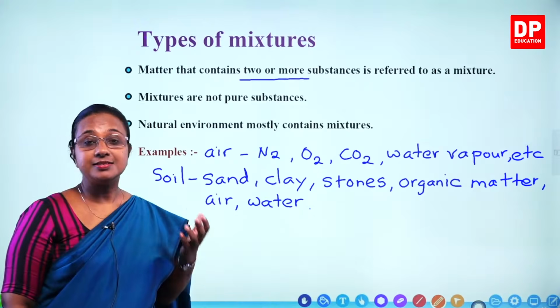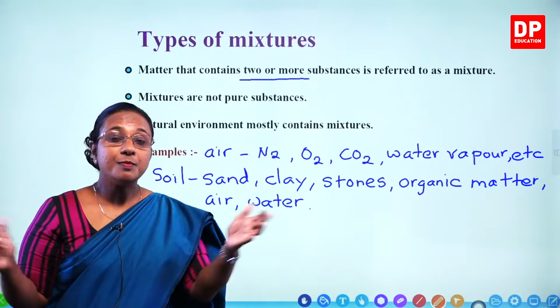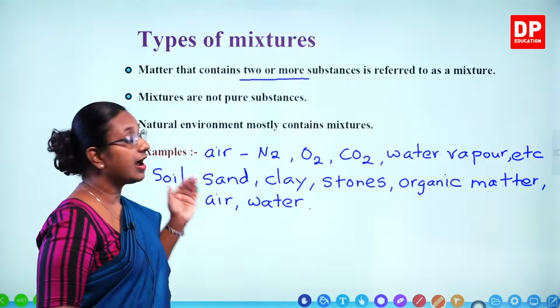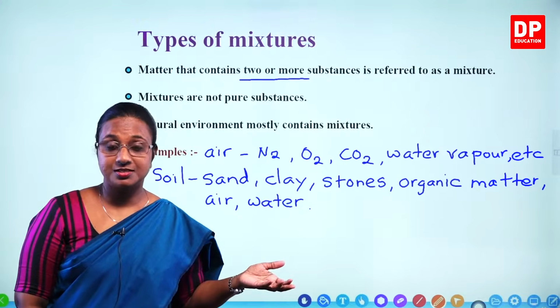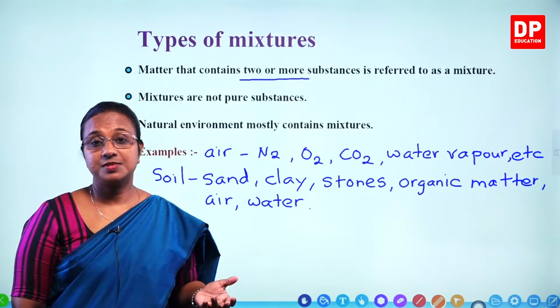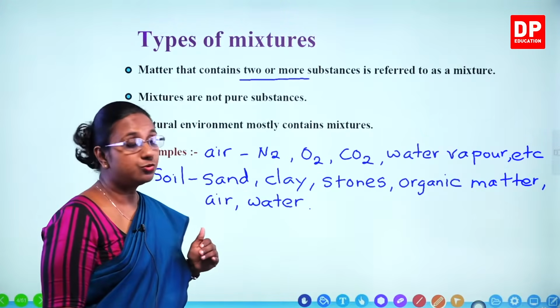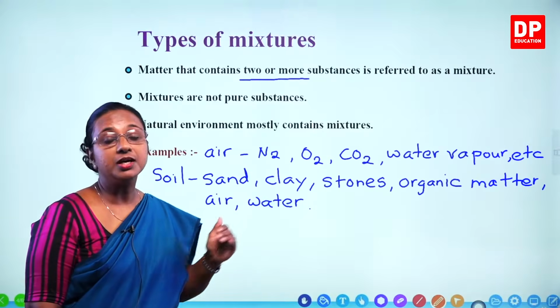So as you can see, the two main natural components around us, both air and soil, are mixtures. They are not pure substances and they contain two or more components.